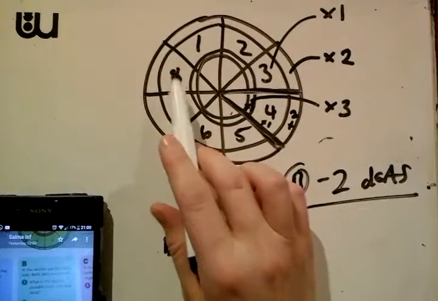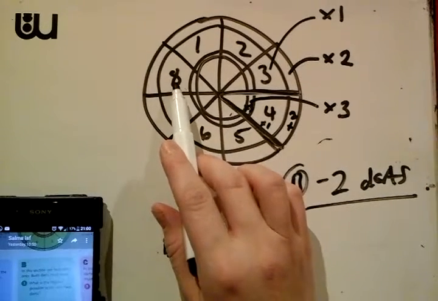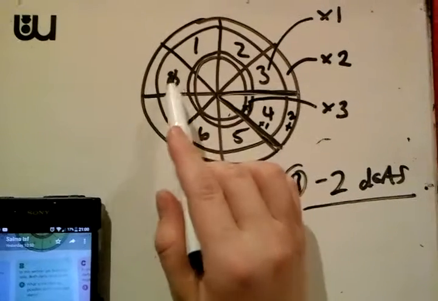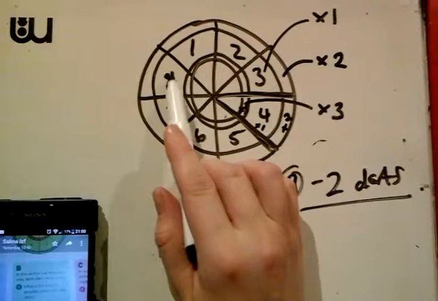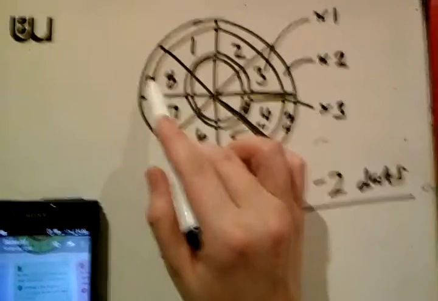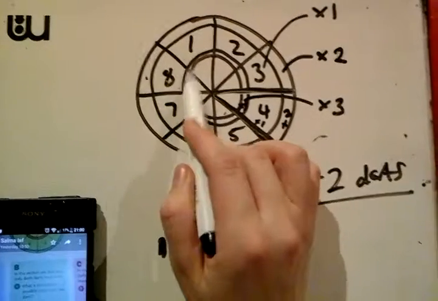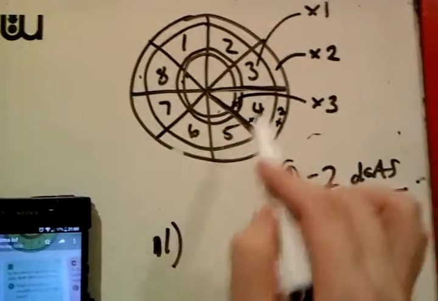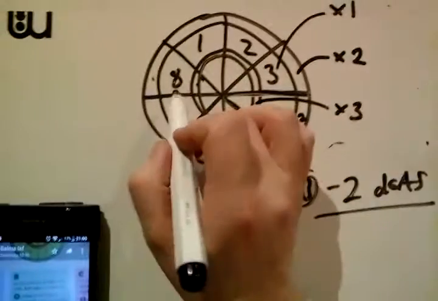If I put it on an 8, if I leave it here, it's 1 times 8. But 8 is the biggest number out of all that I can multiply, so that's the biggest number so far.